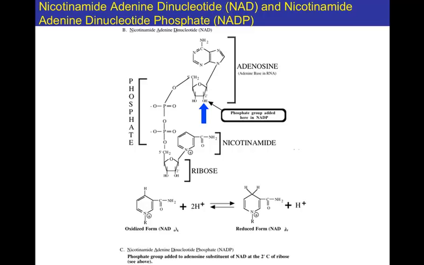Notice that there are two other phosphate groups connecting the two nucleotides. I should point out that in the old days, these two molecules had a different name. NAD was known as diphosphopyridine nucleotide, or DPN, and NADP was known as triphosphopyridine nucleotide, or TPN. This was back in the old days when I was in college. The names changed since then, and now we use NAD and NADP.